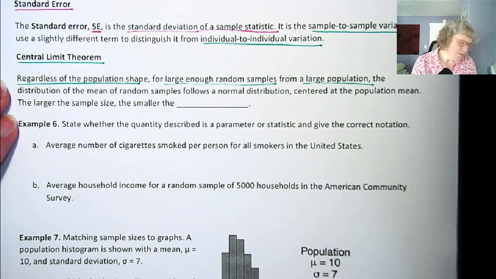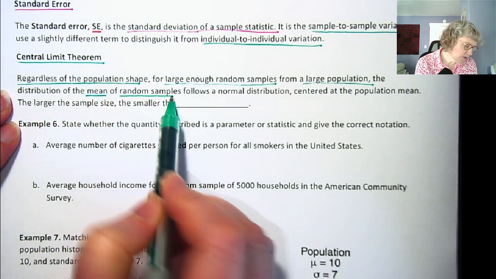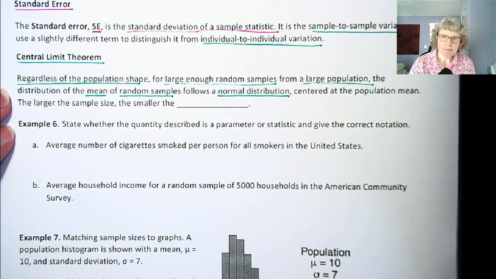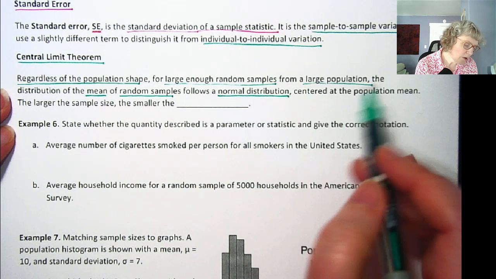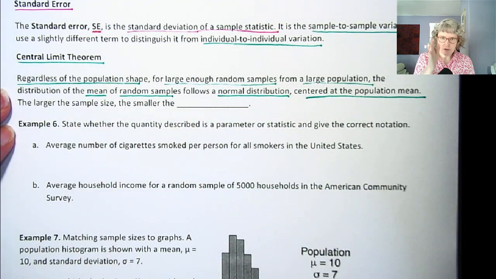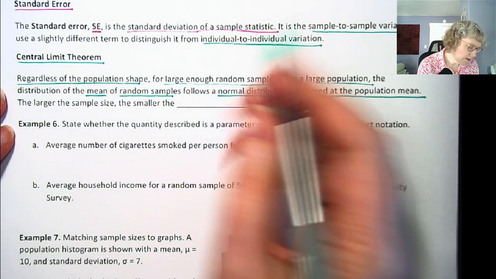The distribution of the mean of random samples follows a normal distribution, so it's going to have that shape, and it's centered at the population mean. We saw the mean didn't change, it stayed the same. And the larger the sample size, the smaller the standard error.